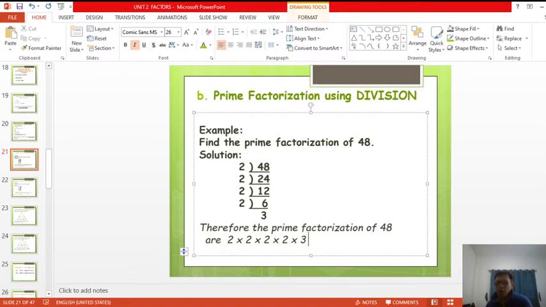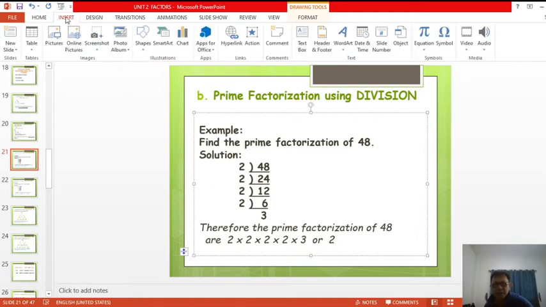Or if I ask you to give the exponential form, it is simply 2, I'll copy 2, 1, 2, 3, 4, then insert the power.